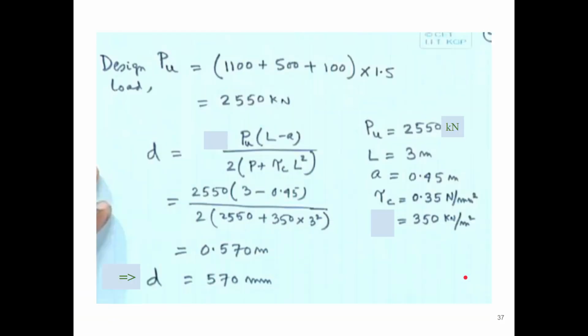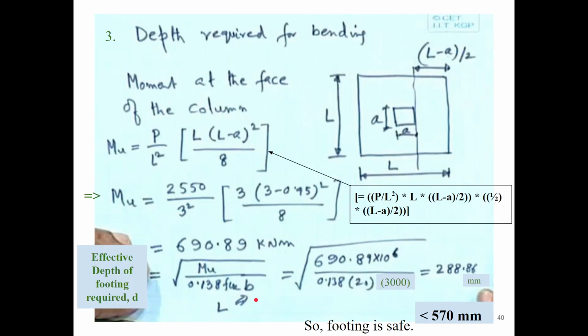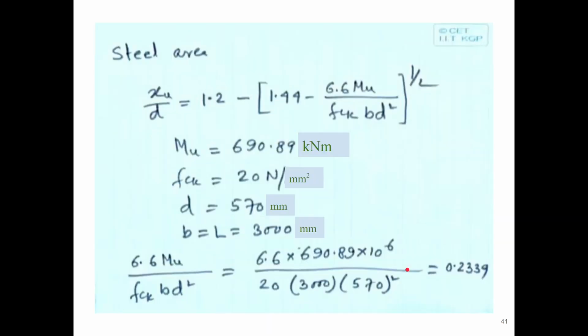But we have given a value of 570 millimeters, so the required value is much lesser than the given value. Therefore the footing is safe and our section is satisfactory. Dimensions are satisfactory.